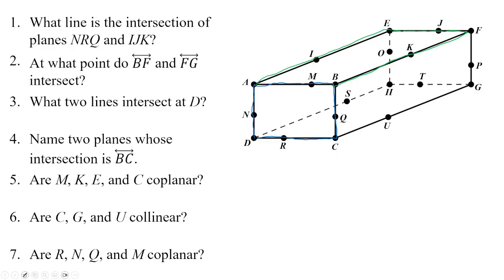And therefore, this will be the line they intersect at. So they intersect at line AB.